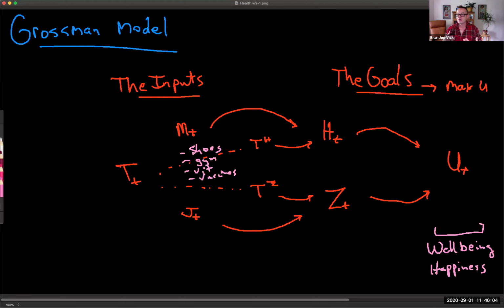Okay? We have constraints. We have goals, and that leads to demand for these goods, but we also have constraints, namely time. We don't have infinite amounts of time. So our time is scarce. Okay, so let's put kind of side notes over here.